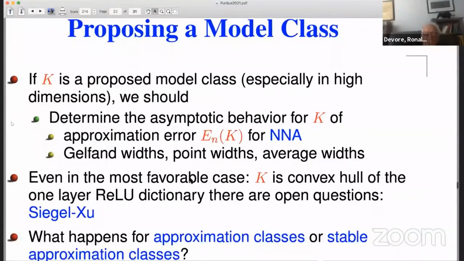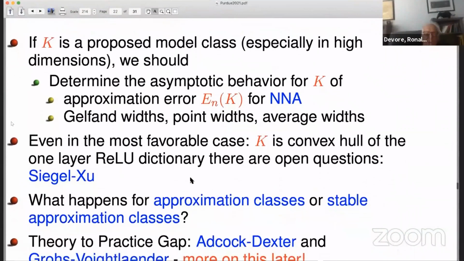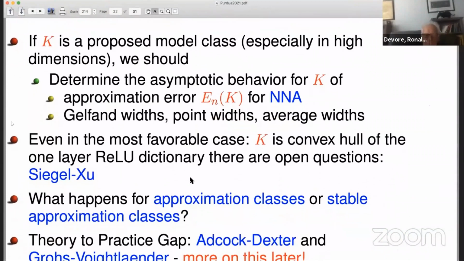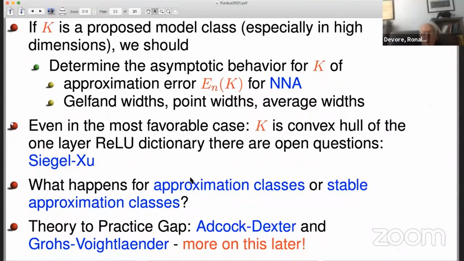So if you propose a model class, you should evaluate these quantities to understand how good your model class is, how many measurements you will need, do you break the curse of dimensionality, questions of this type.